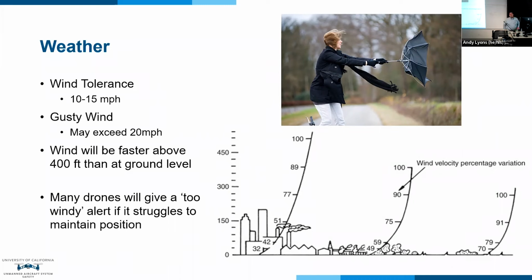So if your drone is telling you it's too windy and you're only at 20 feet off the ground, it's definitely too windy to be 200 feet off the ground. Many of our drones, especially the DJI or the more intelligent ones, will give a too windy alert to tell you that it's struggling to maintain its position.